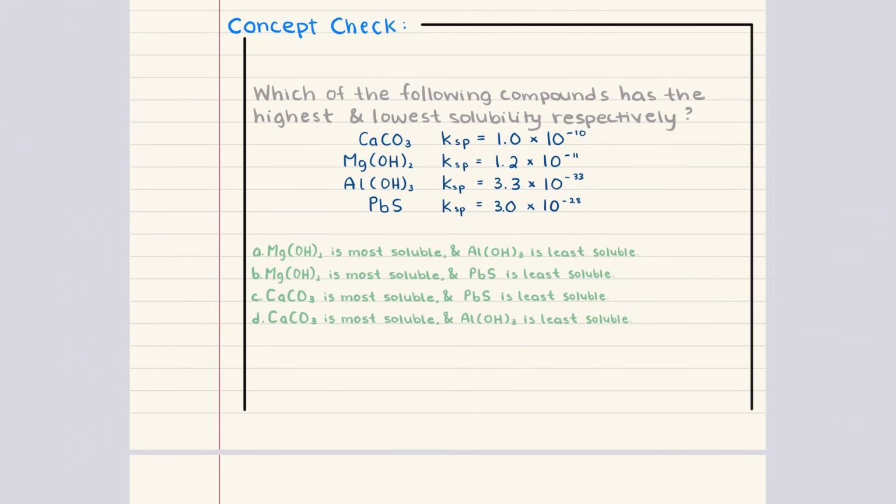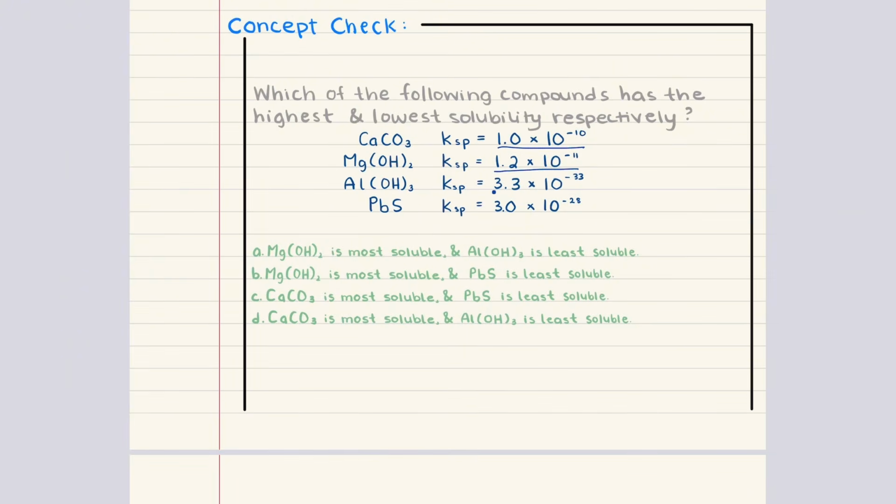The first question asks, which compound is the most soluble and which is the least soluble given the following KSP values? We have calcium carbonate with a KSP of 1.0 times 10 to the negative 10. We have magnesium hydroxide with a KSP of 1.2 times 10 to the negative 11.